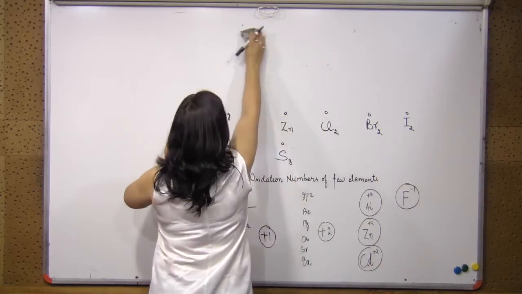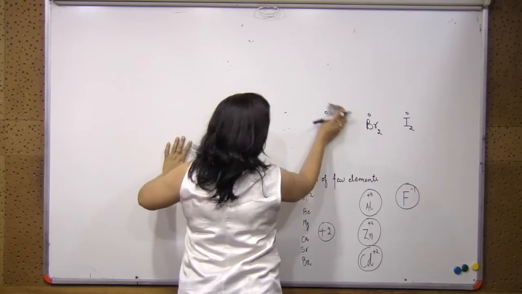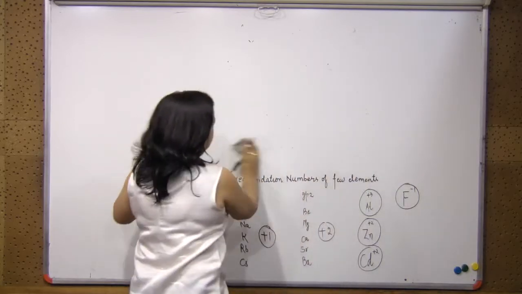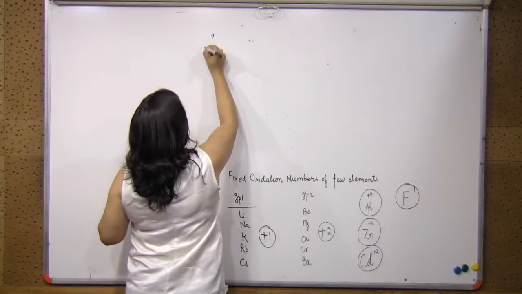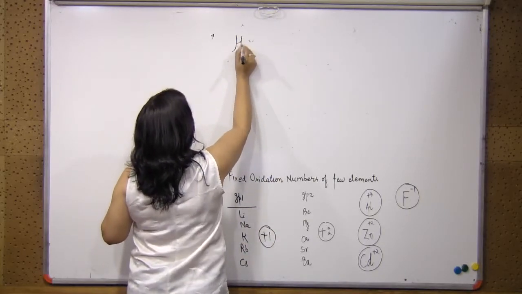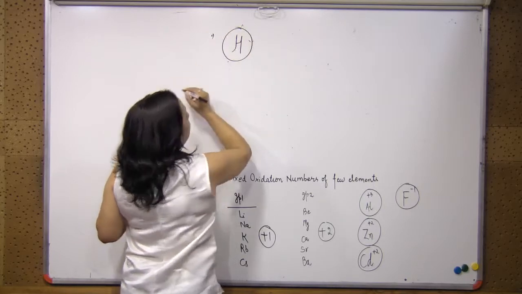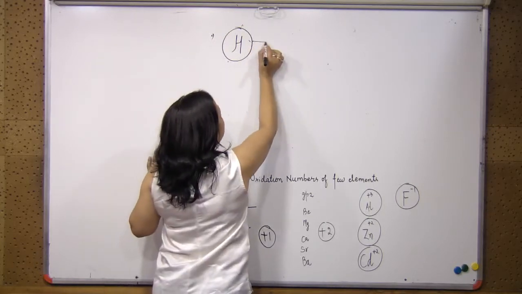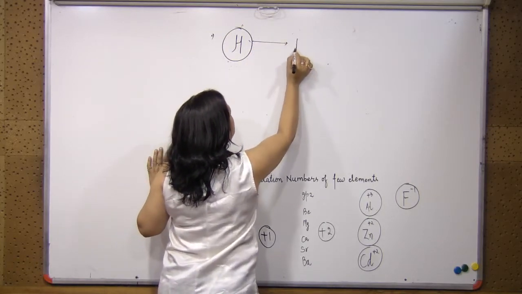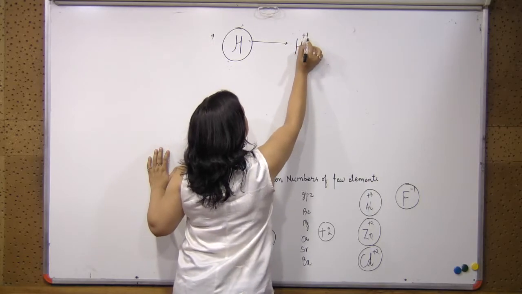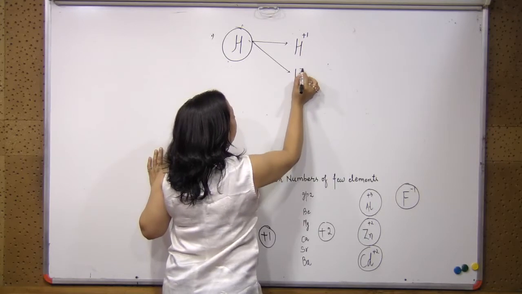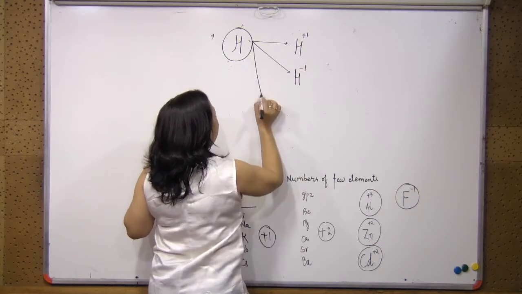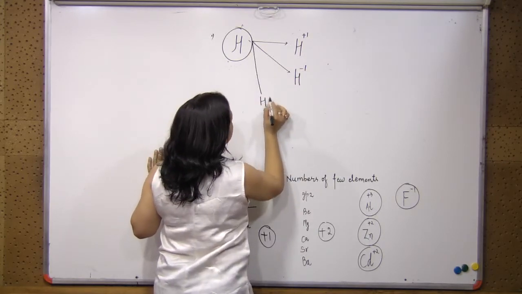Next point. After knowing fixed oxidation number, we must know hydrogen. Hydrogen is an element which can show H +1, H -1, and if it is H2 then it is 0.